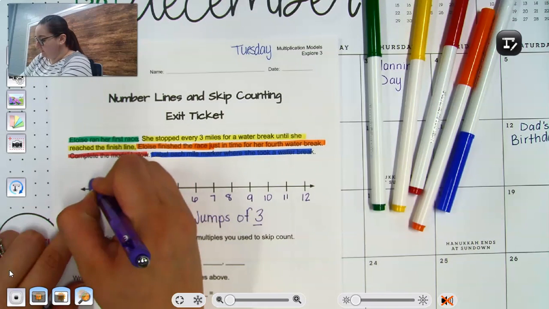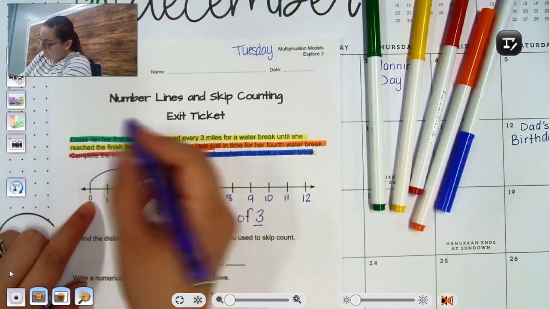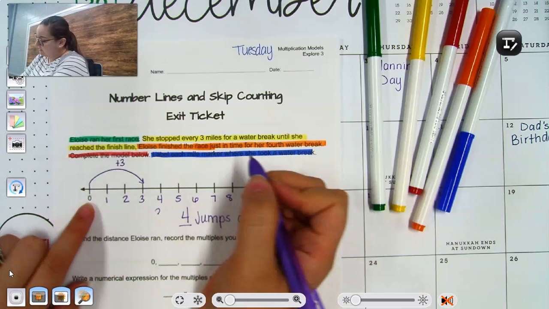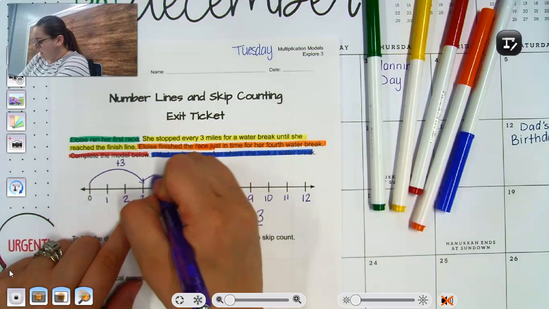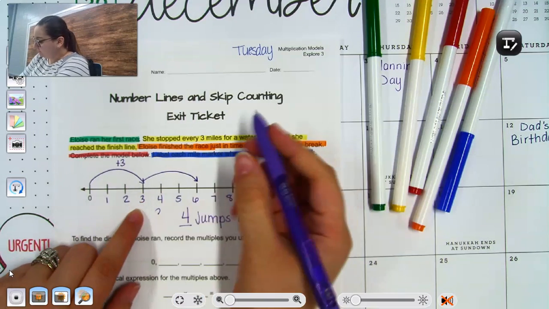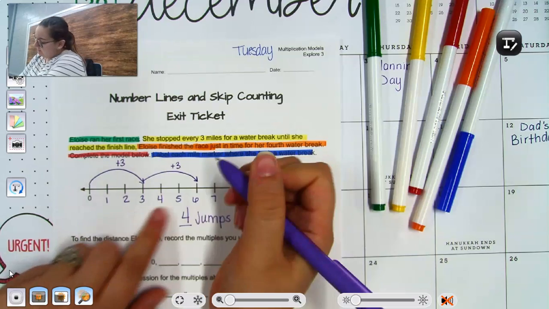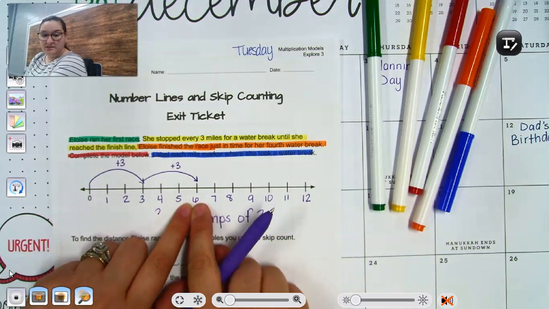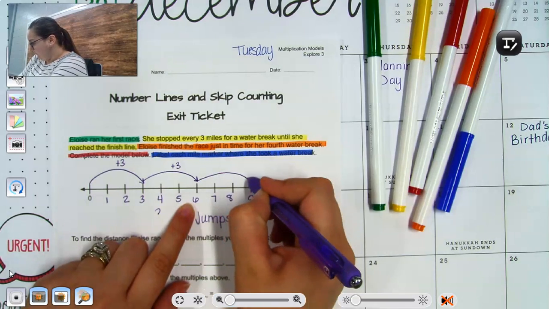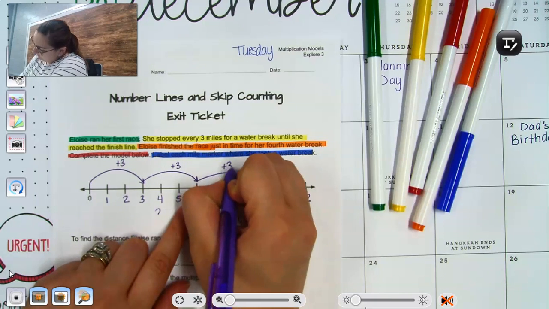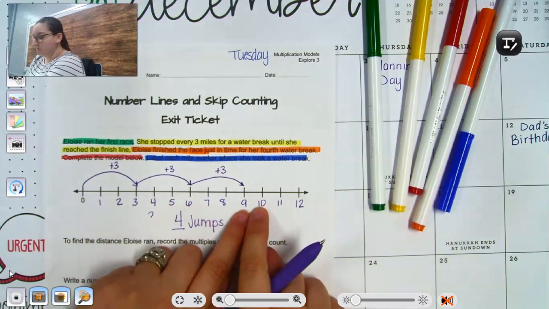So I'm going to start at 0, go to 3. That's 1. I'm going to count 3 more: 3, 1, 2, 3. That's stopping at 6. Another one, starting at 6, counting 3 more: 1, 2, 3. That's 9. And then one more time, counting 3 more: 1, 2, 3.